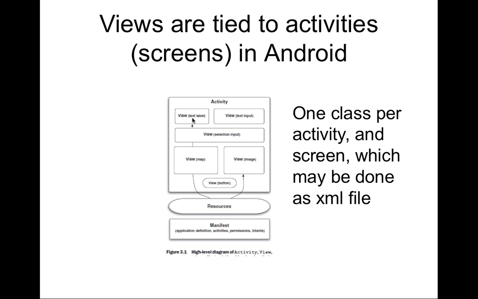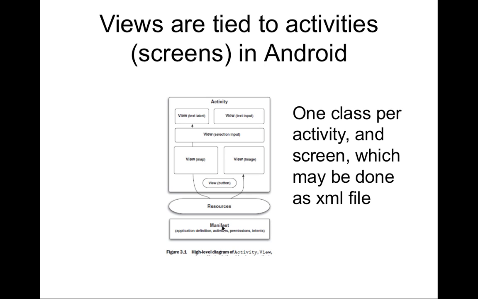Our activity has the view, and in this particular case we might have a label, an input, text input, edit input, a selector to select something, a button or something like that, a map of some sort, and maybe another map, another view button. And it's going down and it's using resources. Resources might be click events, might be tools, features, dialers, content providers, something on the phone in terms of the hardware as a resource. It may not be; it might actually just be using another class as a resource or a database or something of that nature.